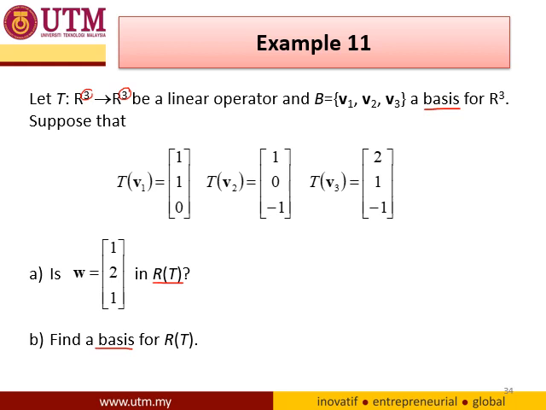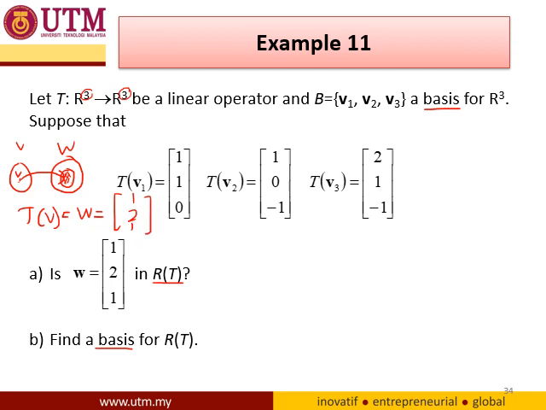Actually they want us to find, as mentioned before, this is our V, this is our W. They want to find whether 1, 2, 1 is in this space W after the transformation. So we must find the V here, such that the transformation of V equals 1, 2, 1.